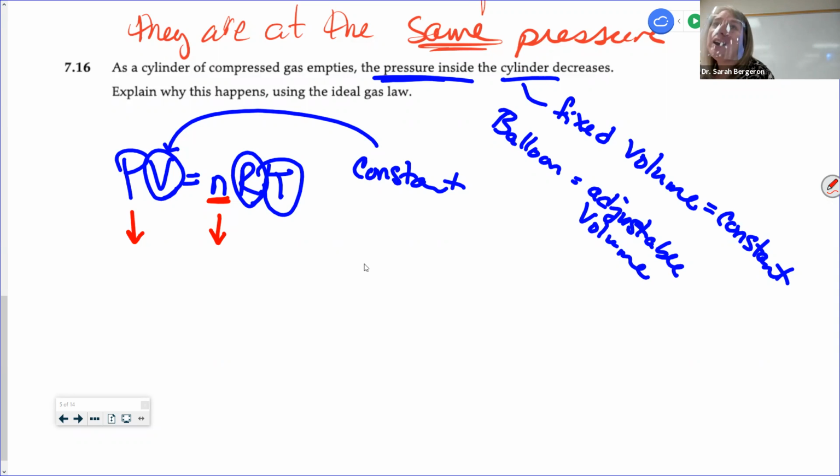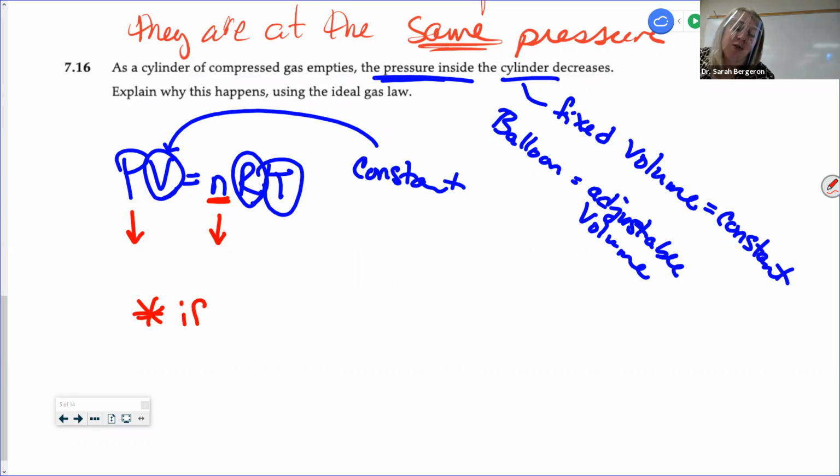Pressure is going to go down, right? Because you have to have both sides of this equation equal. So if one side of the equation goes down, the other side must go down. If the things are on the same side of the equation, they're inversely proportional. If there are two things on opposite sides of the equal sign, they are proportional. So write that down. That's probably a good thing to write down.